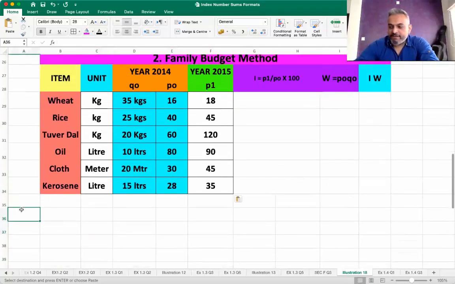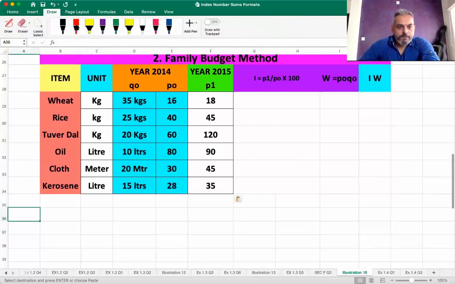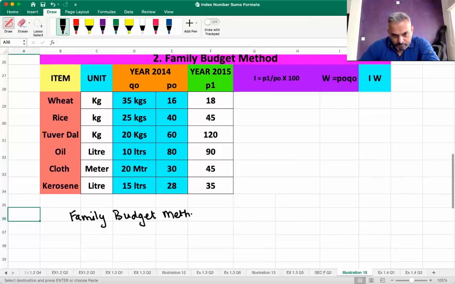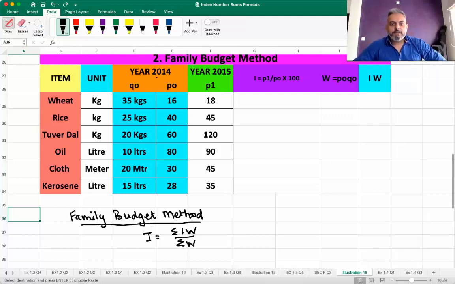Now first let me write the formula so that you understand the formula and then we go for these calculations. So the index number as per the family budget method is equal to sigma IW upon sigma W. But in this sum, the index is not directly given and the weights are also not given.